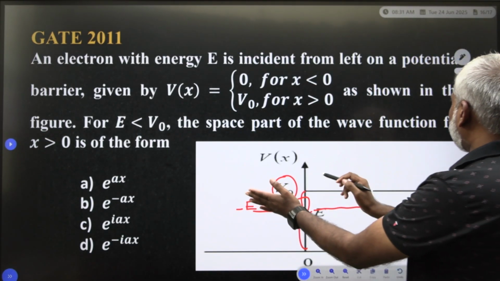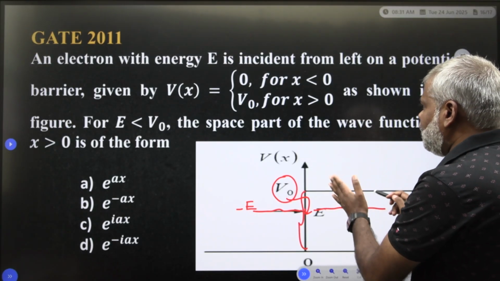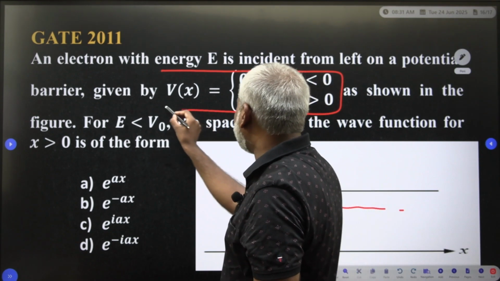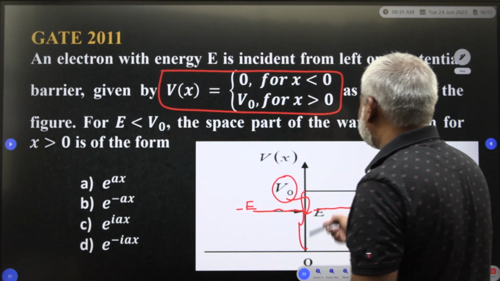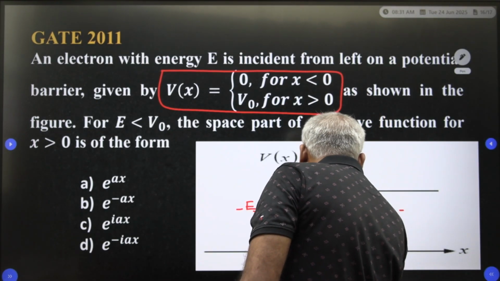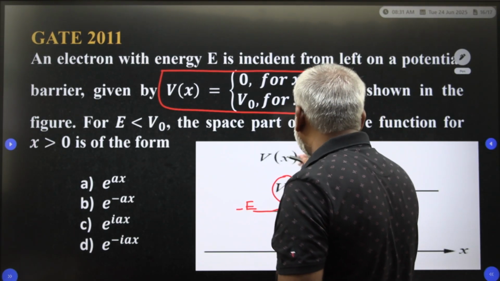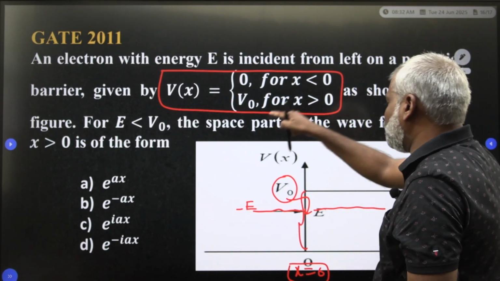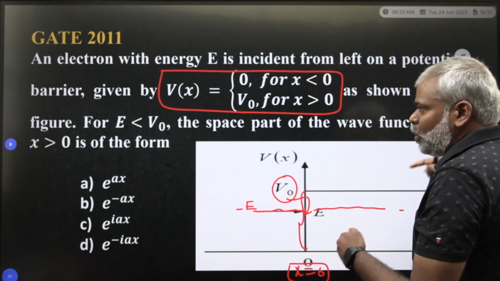The potential from the left of the barrier is given by V of x, and the condition is 0 for x less than 0. So you take x equal to 0 as the boundary. When x is less than 0, the potential is equal to 0. When x is greater than 0, the potential is V naught as shown in the figure.